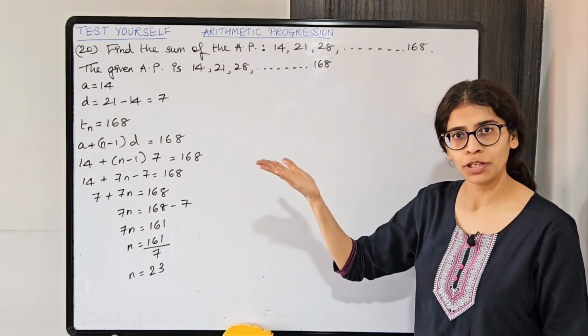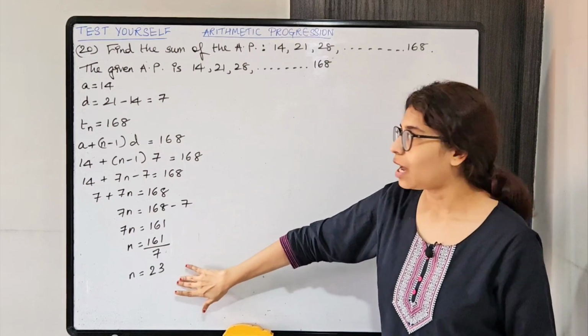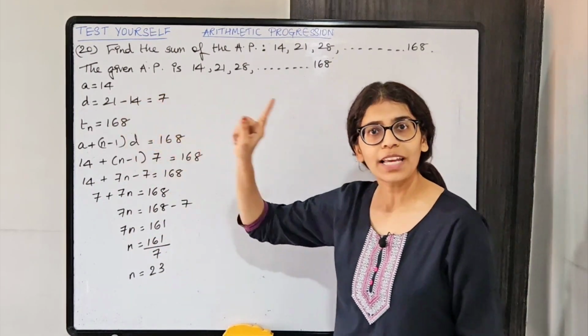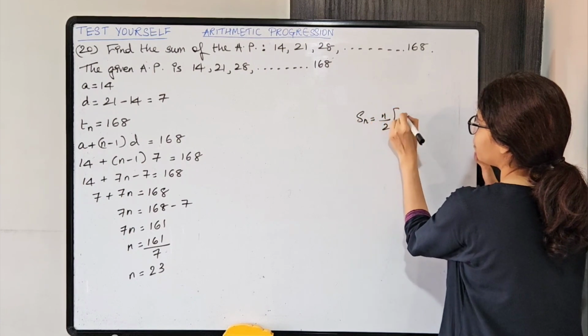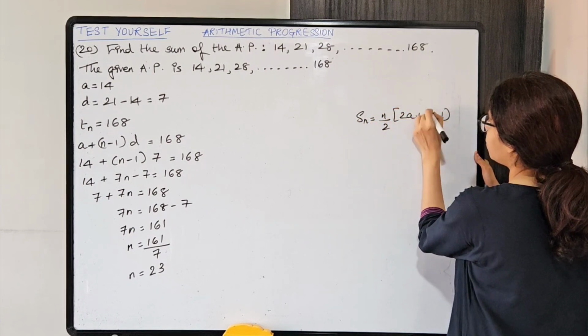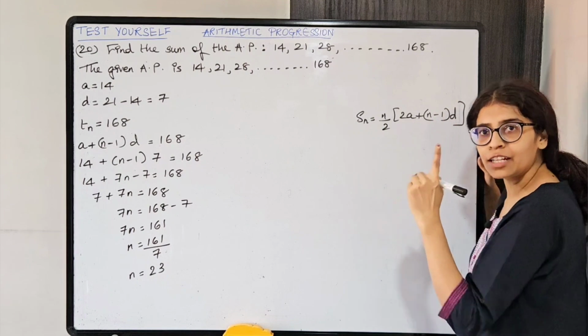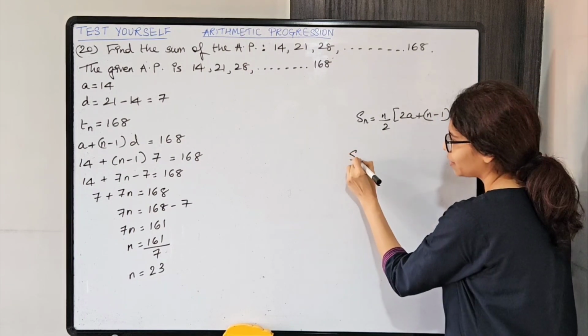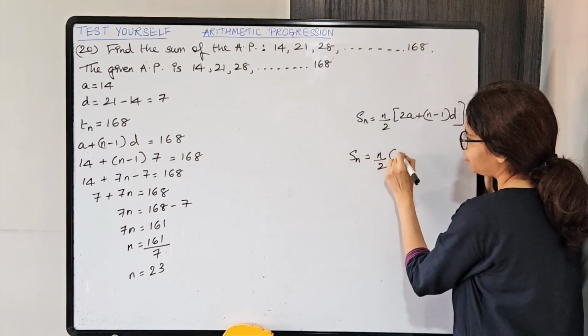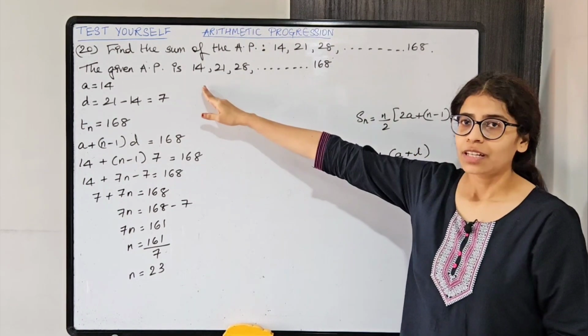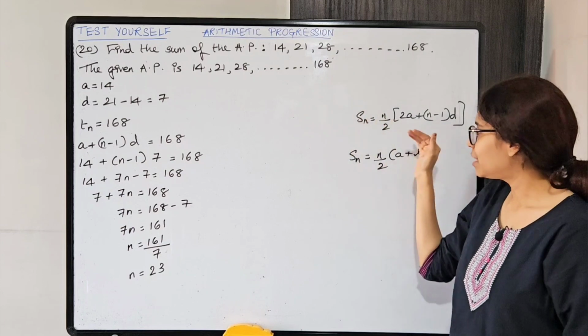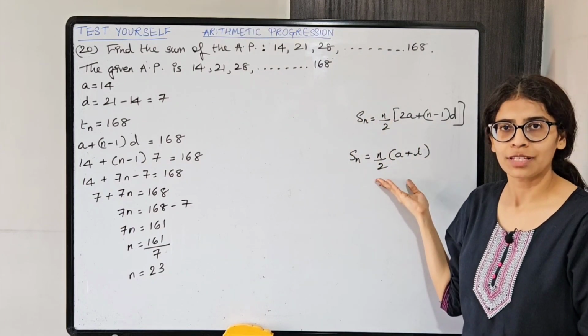n मिल गया. Okay. I know n, I know A and D, so I can use this formula. Okay, I can use the other one also because I know the first and last terms. A पता है, L पता है, so I can easily put the values and find out the sum of all the terms.